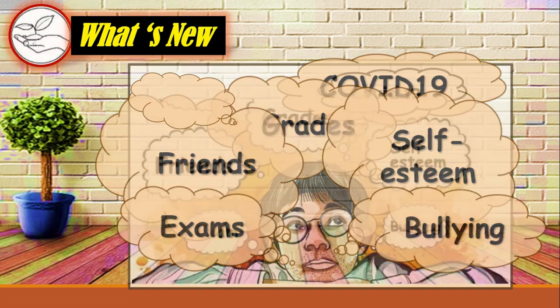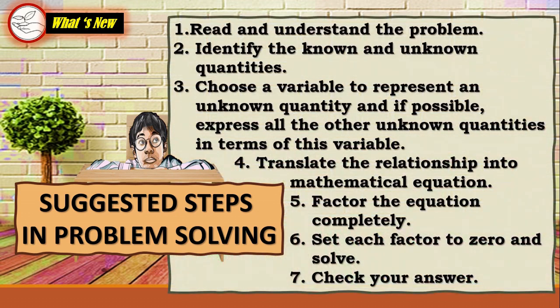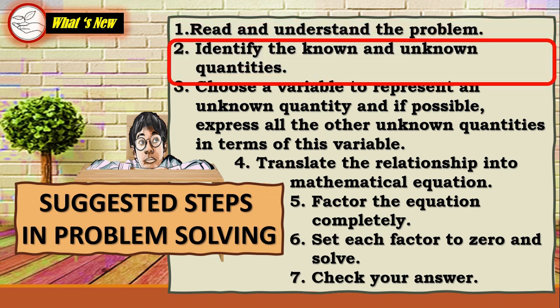Well, just like in mathematics, here are some suggested steps in solving problems. Read and understand the problem. Make sure that you understand the problem before you try to solve it. By understanding, you will be able to identify the known and unknown quantities in your problem.